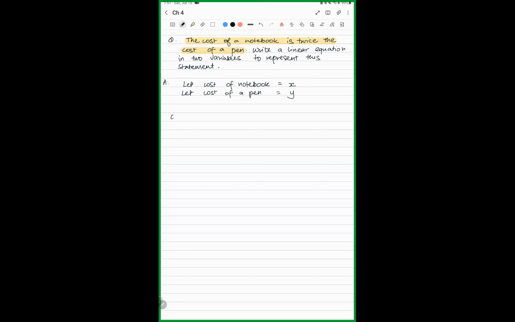Cost of notebook is twice the cost of pen. Okay. Now pay attention to these individual things. Cost of notebook. What is the cost of notebook in mathematical language?